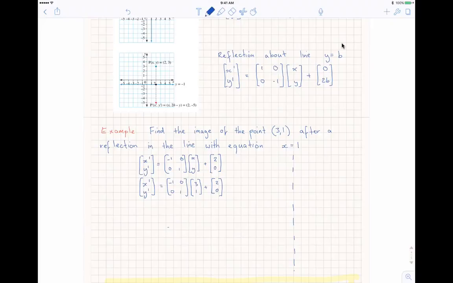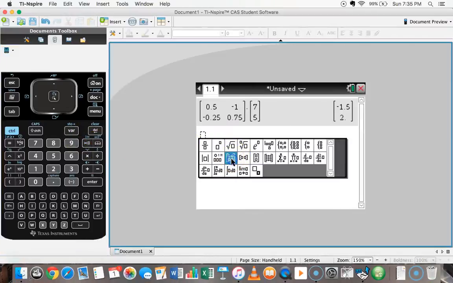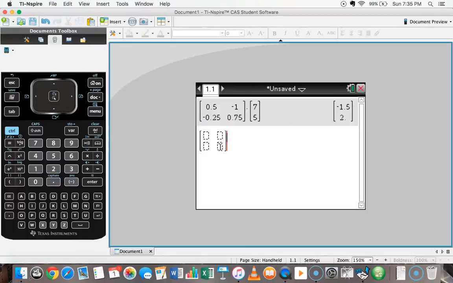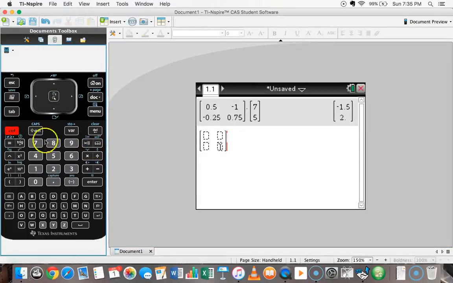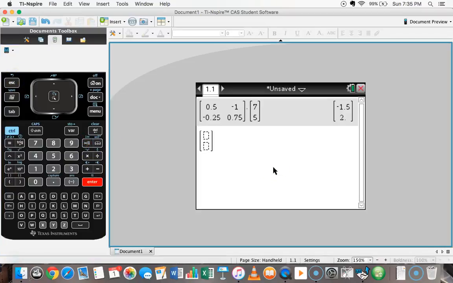now at that point I'd probably just put it into my CAS and work it out. So the way I did that was, that's better.